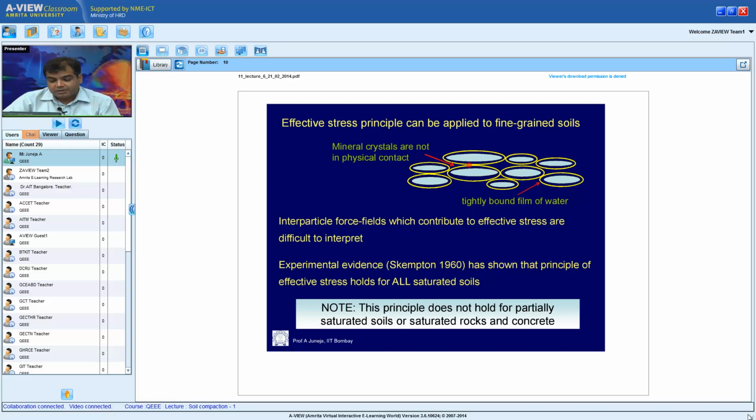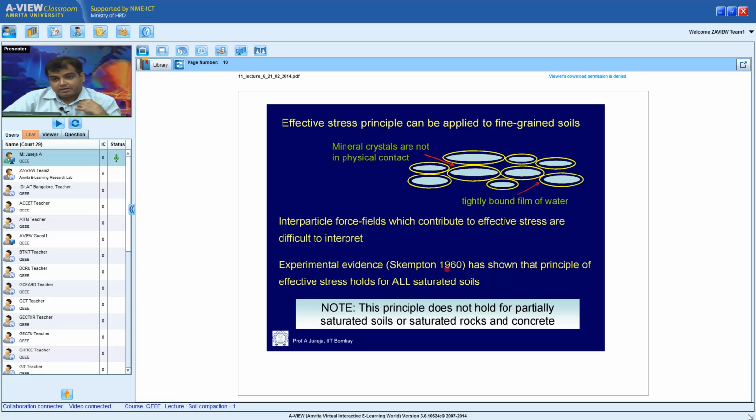If you recall, we spoke about clay mineralogy, and the clay crystals have a film of water. This film of water would not directly allow the stress to be transmitted from one particle to the other. So this in fact defies all the logic we have stated in the previous few slides.